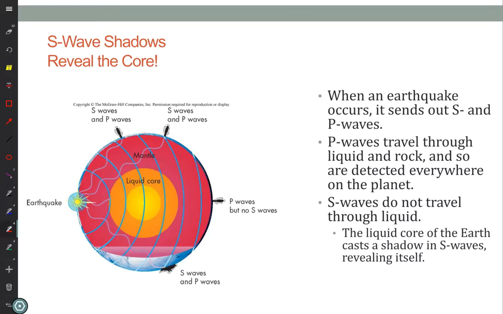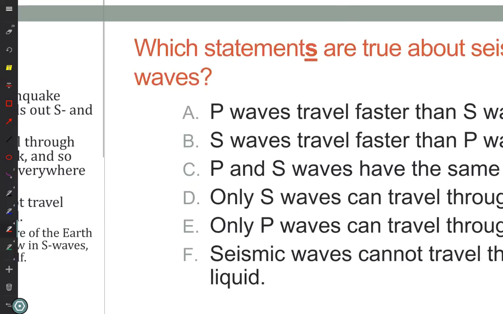Because the S waves can't go through a liquid, and there's a shadow region in the S waves. The solid core is more complicated. How do they know there's a solid core? The P waves kind of go around it. When the P waves get to the solid core, they send surface waves around the solid core, and those radiate P waves out. So they can see those secondary waves.